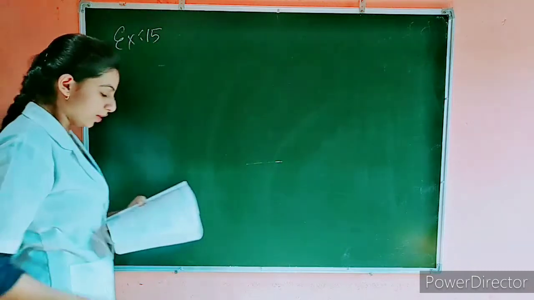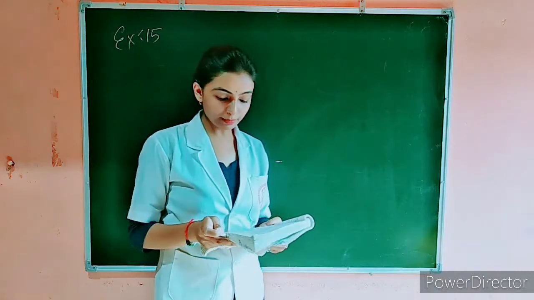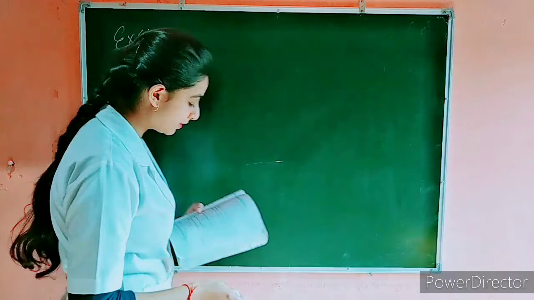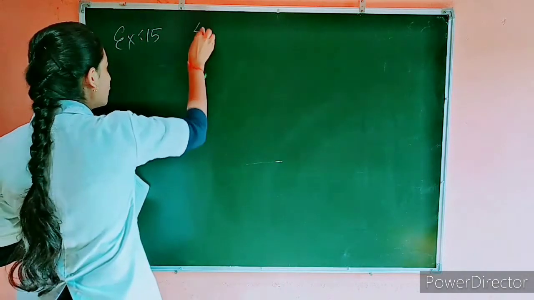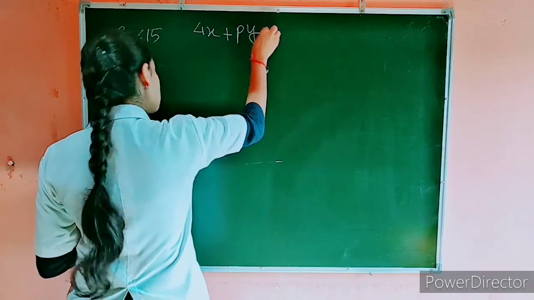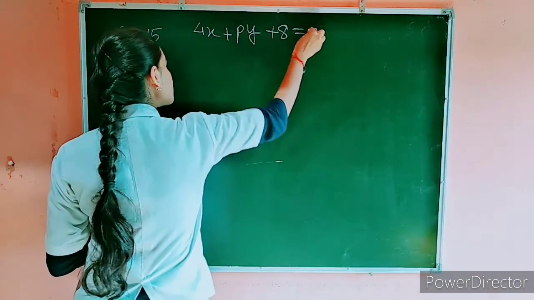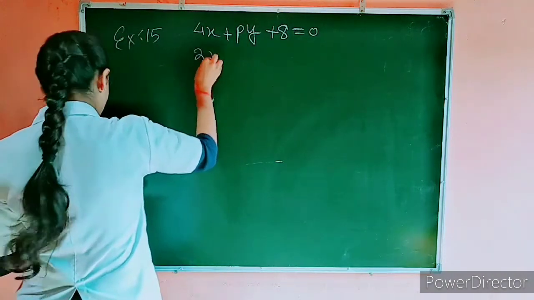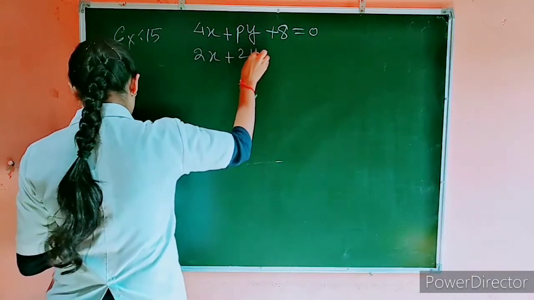Example 15. For which value of p does the pair of equations given below have a unique solution? 4x plus py plus 8 equals 0, 2x plus 2y plus 2 equals 0.